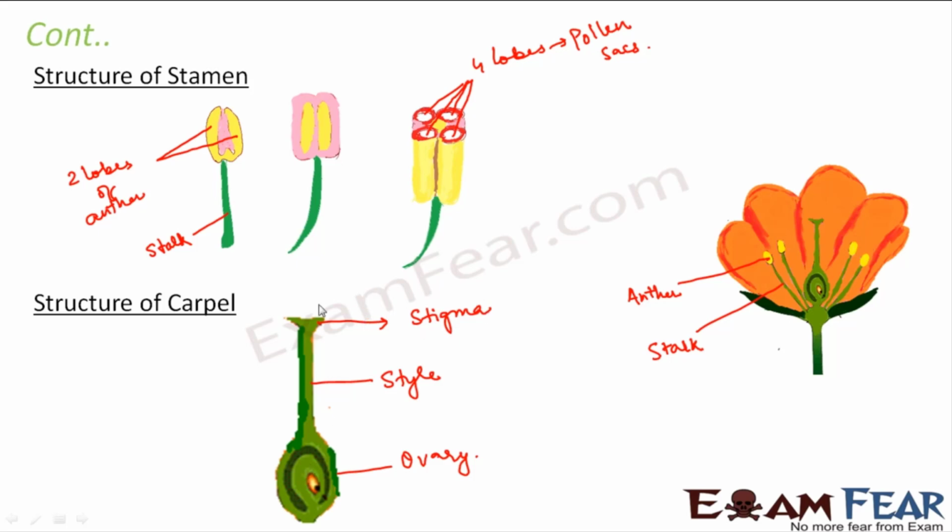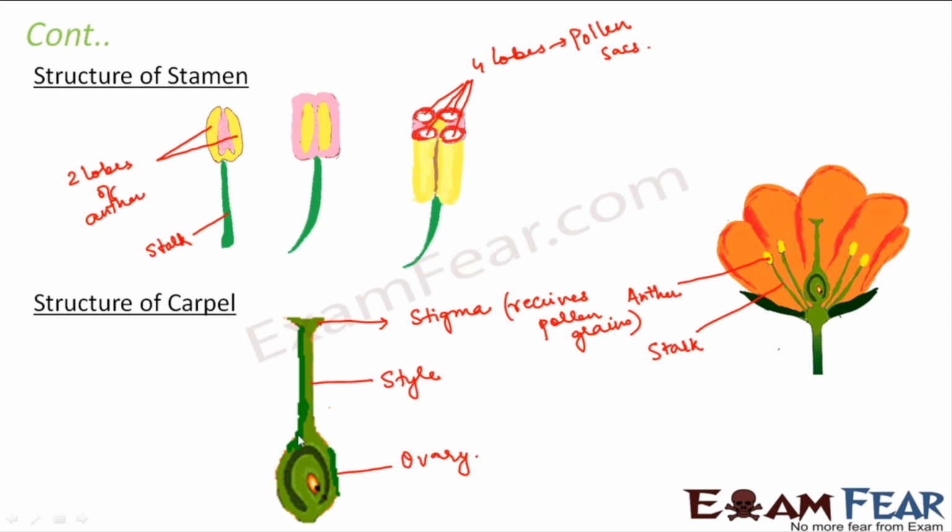Stigma is that part which receives the pollen grain from the male part of the flower. What is the function of style? It connects the stigma with the ovary. So now style will carry the pollen grains through the style.